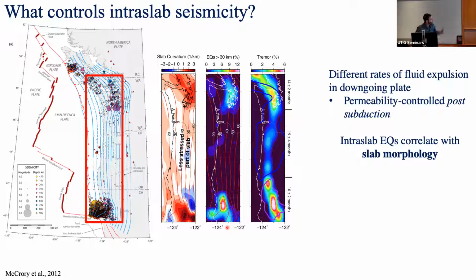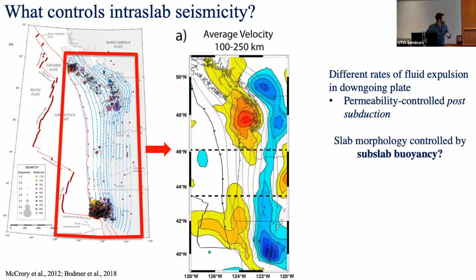Now, what could be driving the slab contortion? There's been some really nice teleseismic tomographic imaging done along the margin by Miles Bodmer and others that show these significantly slow mantle anomalies below our subducting Juan de Fuca slab. So here's our Juan de Fuca slab. It's dipping to the east. We're looking at average P wave velocity between 100 and 250 kilometers depth.